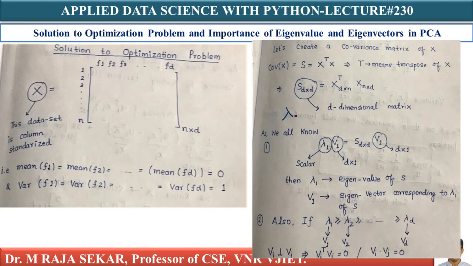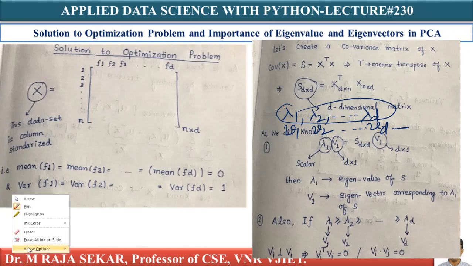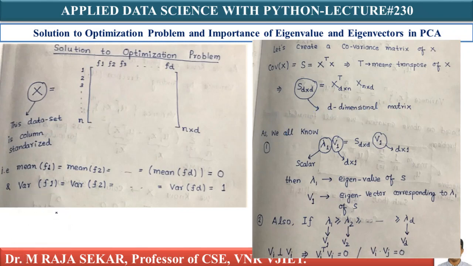If you find eigenvalues, how many will you get? Lambda 1, lambda 2, and so on, up to lambda D. As it is a D-dimensional matrix, you will get D eigenvalues, and correspondingly you will get V1, V2, and so on, up to Vd: D eigenvectors. These lambdas are known as eigenvalues. These V's are known as eigenvectors.